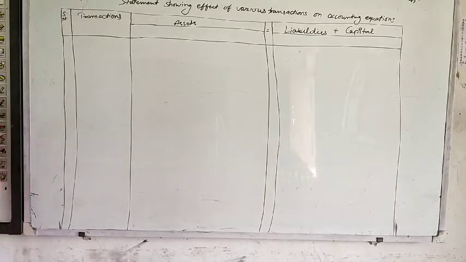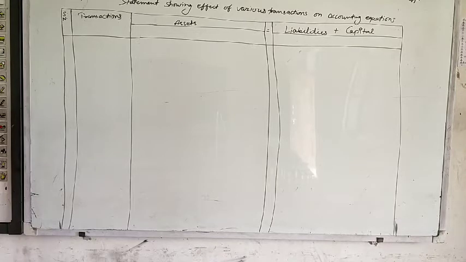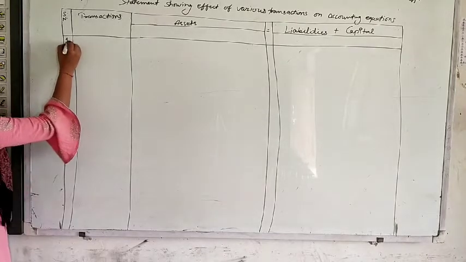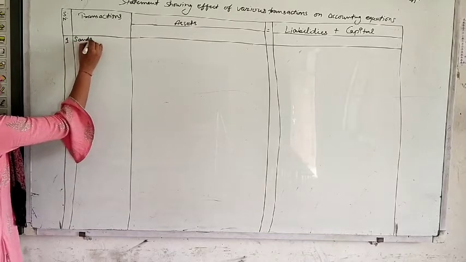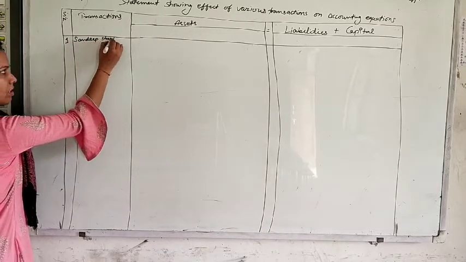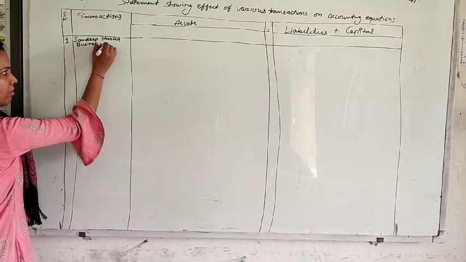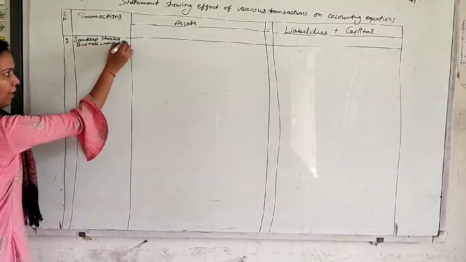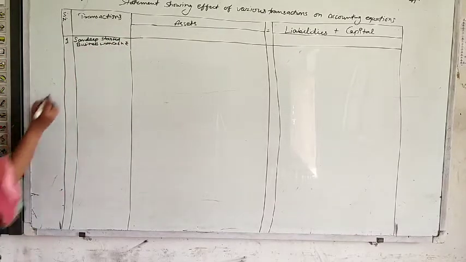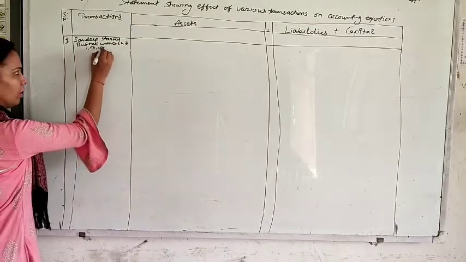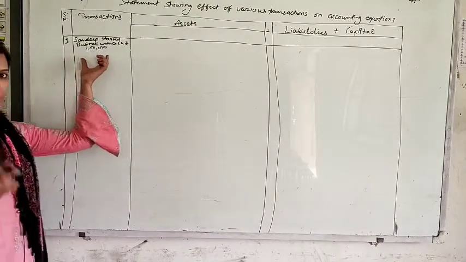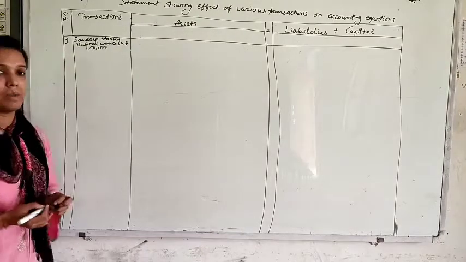So the first transaction is here. The question: prepare the accounting equation from the following. First transaction, Sandeep started business with cash. So write here number 1, Sandeep started business with cash of rupees 1 lakh. Sandeep is the owner of the business and he started business with cash.